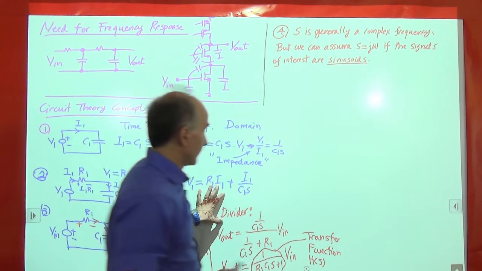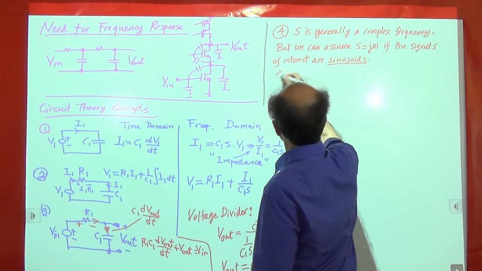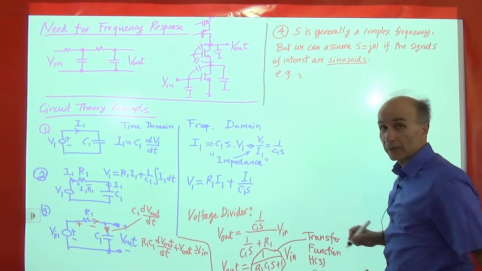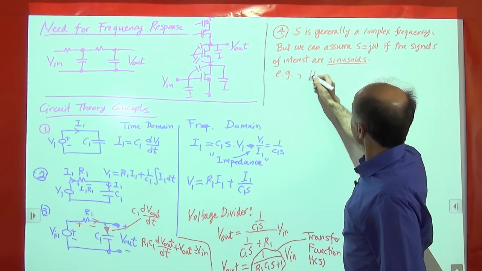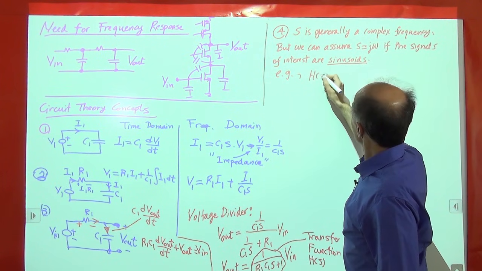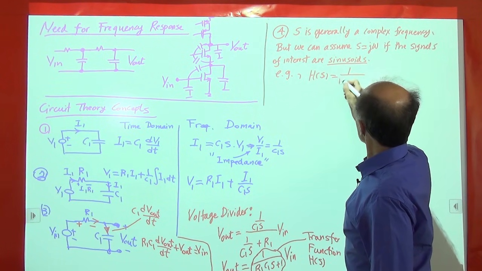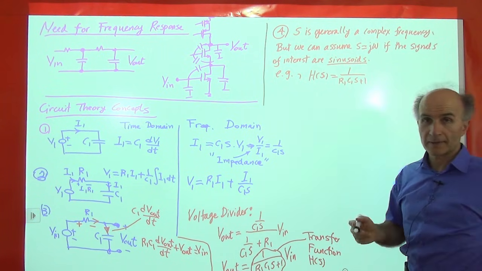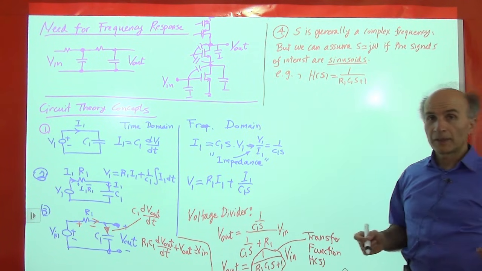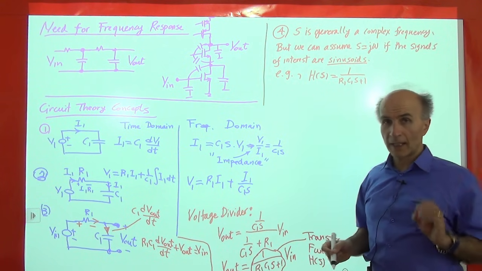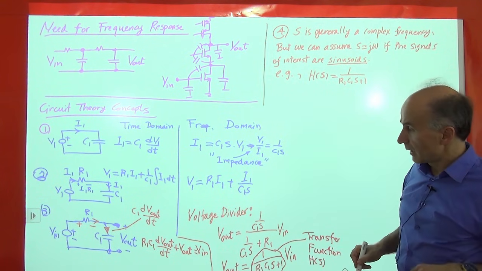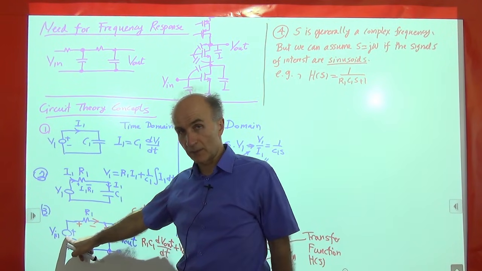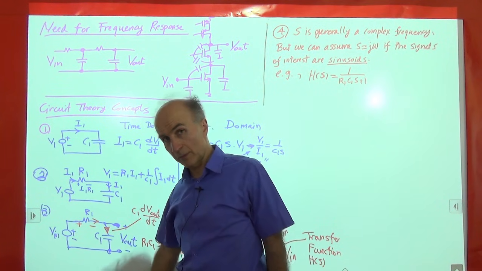So again, for example, let's go back here. This transfer function that we obtained, we had h of s is equal to 1 over r1 c1 s plus 1. So it's for any s. But then we decide that for some particular analysis, we will assume that the input going to the circuit is just a simple sinusoid, like what I showed you on the previous page.